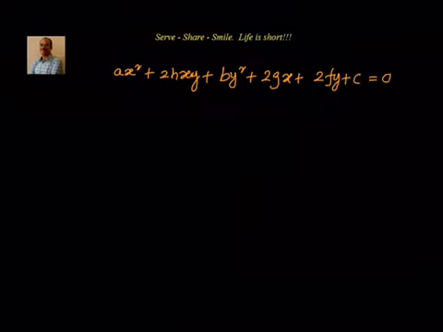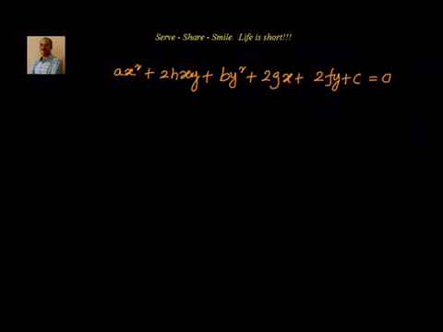Let us say that the second degree non-homogeneous equation is, as we know, ax² + 2hxy + by² + 2gx + 2fy + c = 0. This represents a pair of straight lines. We have to find out the point of intersection of this pair of straight lines.